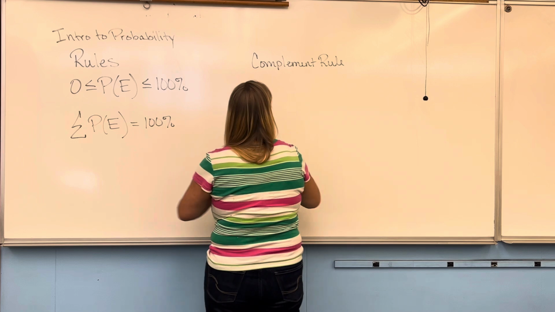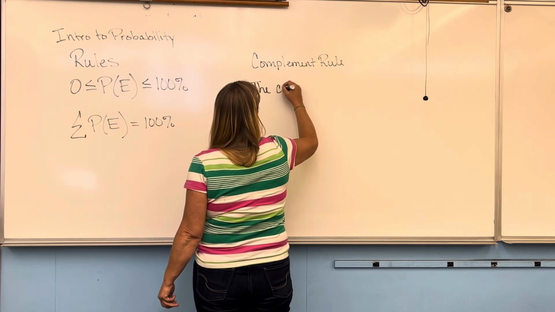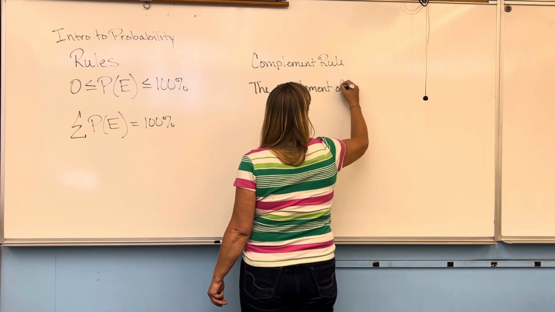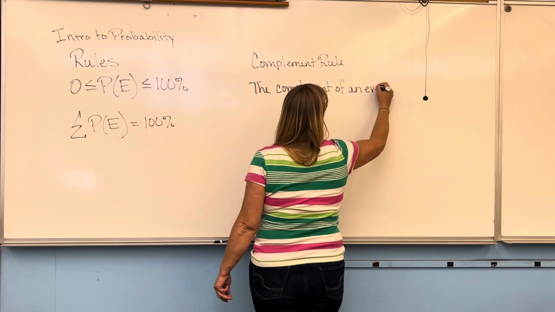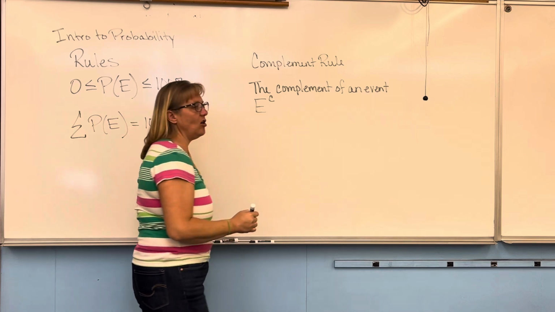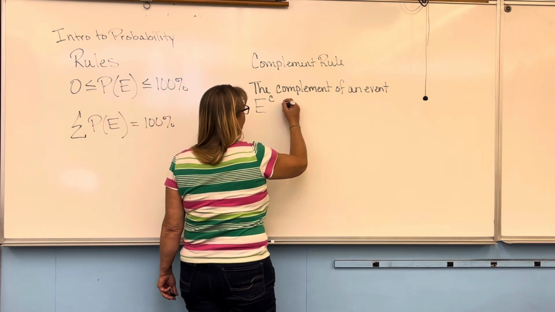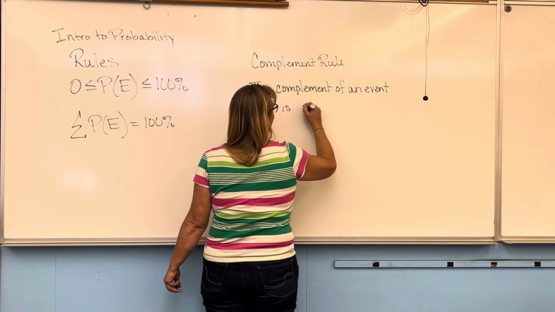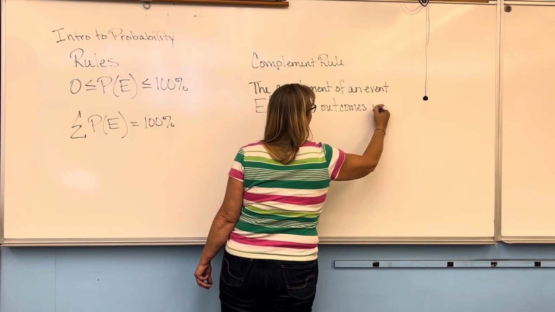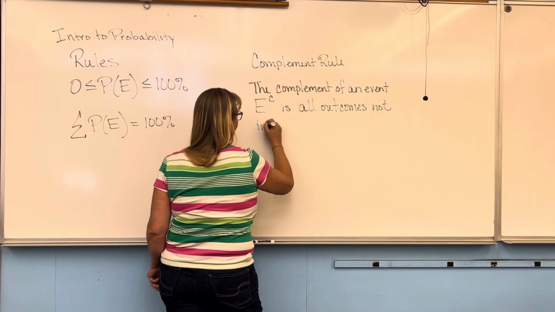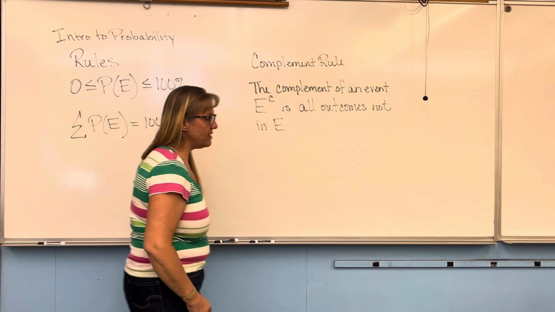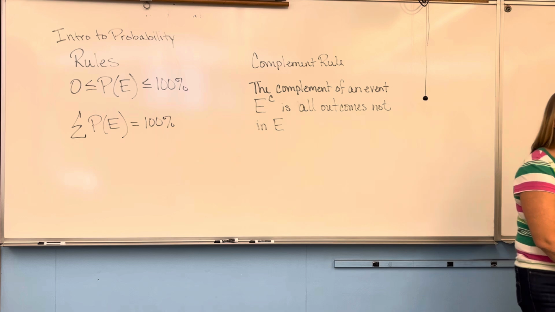We say the complement of an event, written E to the C, E complement or E to the C, is basically everything you don't want.